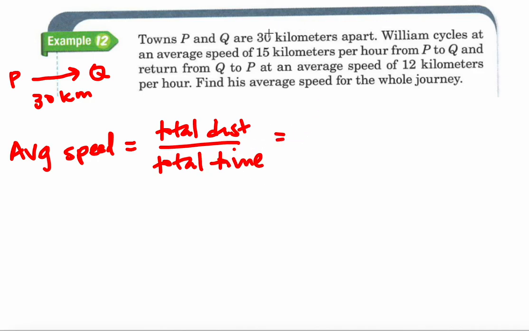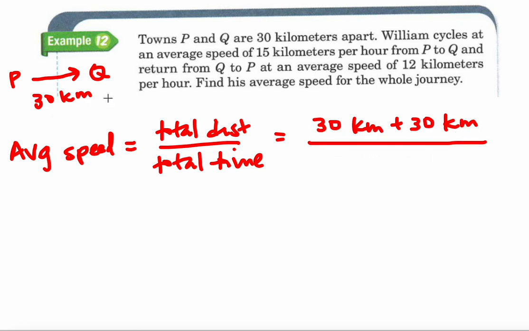Okay, so William is going from P to Q and then returning from Q to P. So his total distance would be 30 kilometers plus another 30 kilometers, right? Because he's going from P to Q one way, 30 kilometers, and then he's coming back again, so that's another 30 kilometers. So it's 30 kilometers twice. So it'd be 60 kilometers.